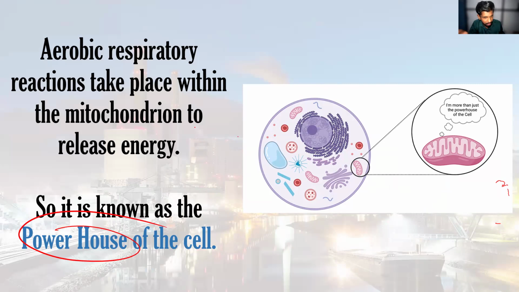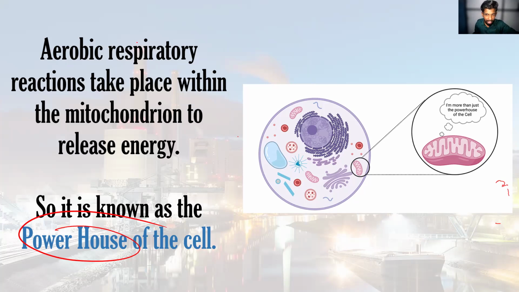Also, in another paper, you may remember, I don't know whether it was for grade 10 or grade 11, they mentioned aerobic respiration. Who is doing aerobic respiration? The same mitochondria. By aerobic respiration, they produce the energy.